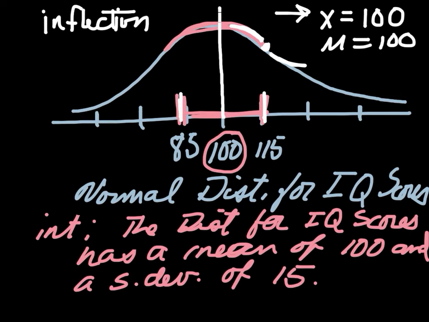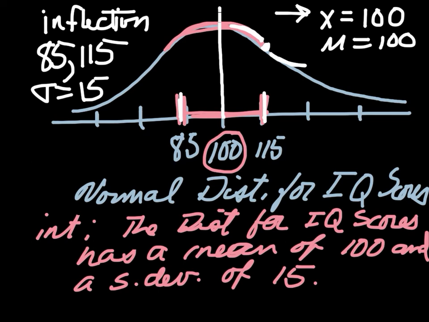So if I wanted to find the inflection points or estimate them, I would say that my inflection points were at 85 and 115, and then the standard deviation was equal to 15. And so that's also another way you can interpret, or at least find what your interpretation is.